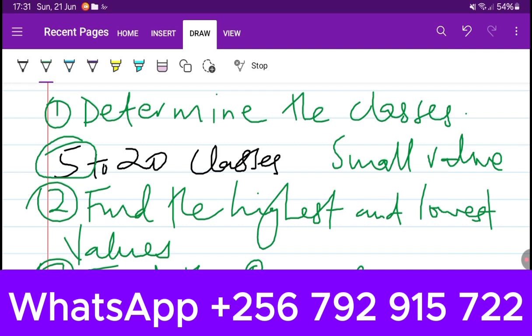Someone can create maybe 2 classes and move on, and you'll find the data very concentrated and hard to analyze.